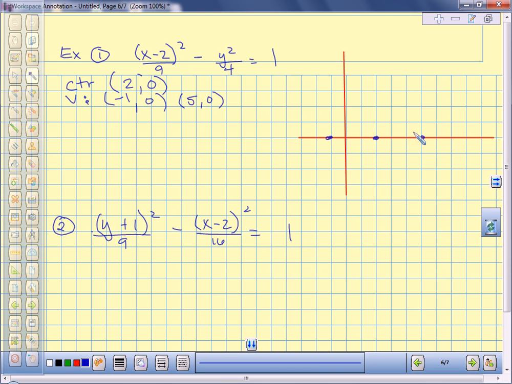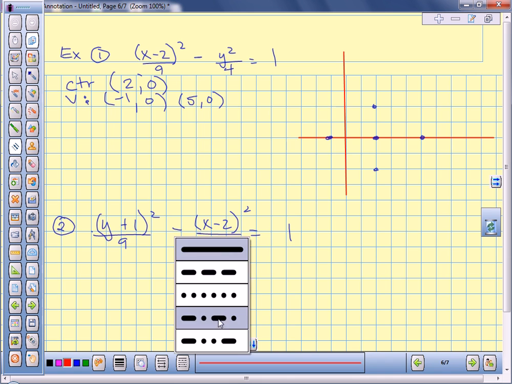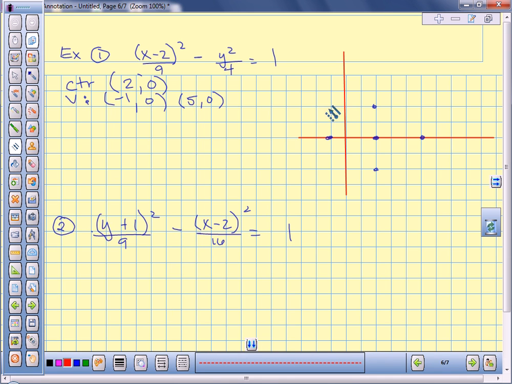So that's our transverse axis. It has a length of 6. Now our conjugate axis would be 2. Now if this were plus instead of minus, we would just circle this up and basically form an ellipse. But this is a hyperbola, so we don't do that. One way that we could sketch this in at this point is to draw in, and it's not actually part of the graph, but it might help you to draw it correctly.